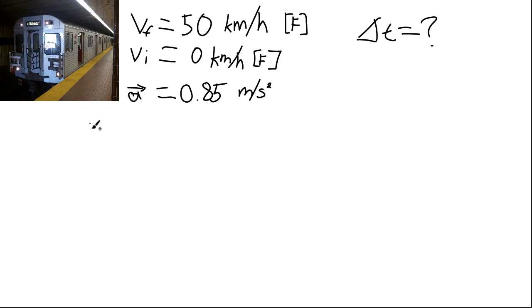So first we must convert the velocity into meters per second. This 0 kilometers per hour is obviously the same thing as 0 meters per second forward.